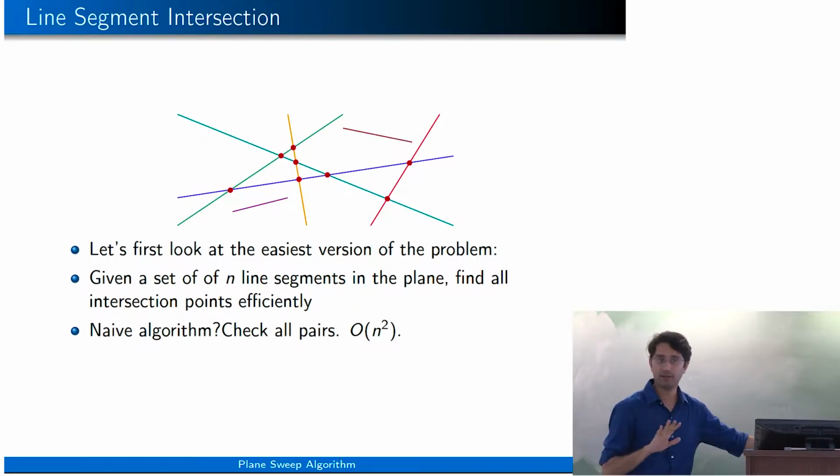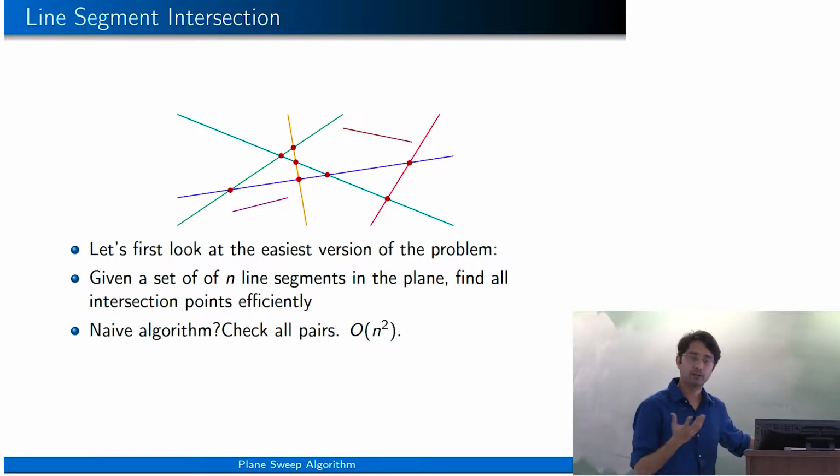I hope that you know how, given two lines, to find the intersection point, or given two line segments, how to find out the intersection of these two. Any two lines intersect if they are not parallel. I am assuming that none of the lines are parallel, but when you are talking about line segments, they may intersect or may not intersect, and this is basic geometry to find out.